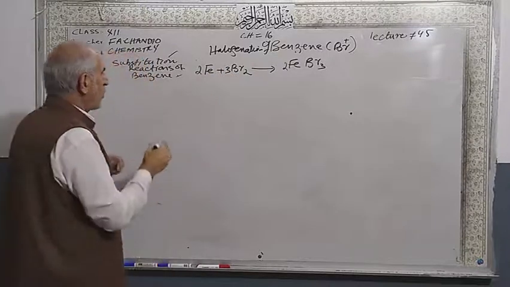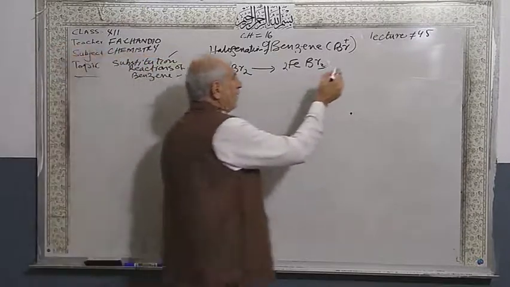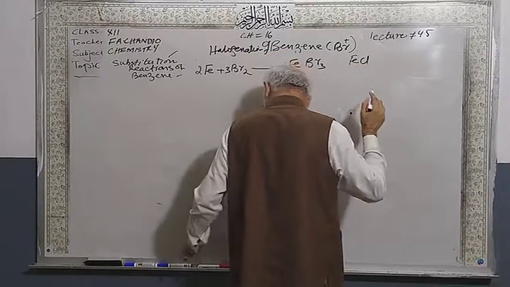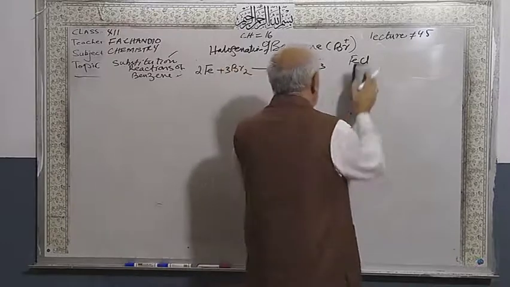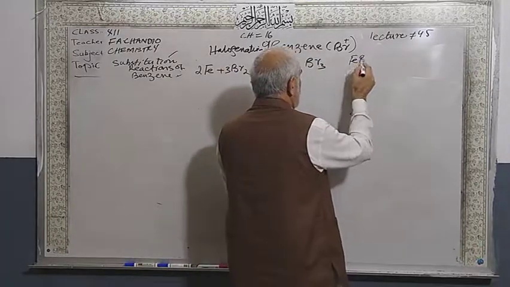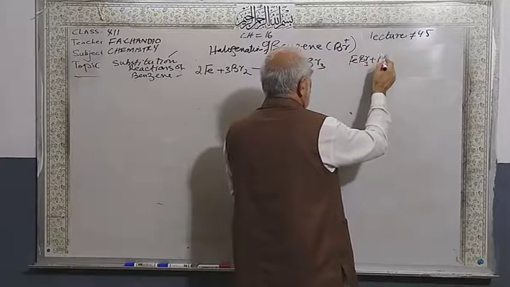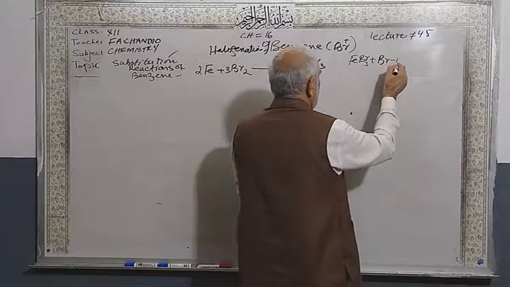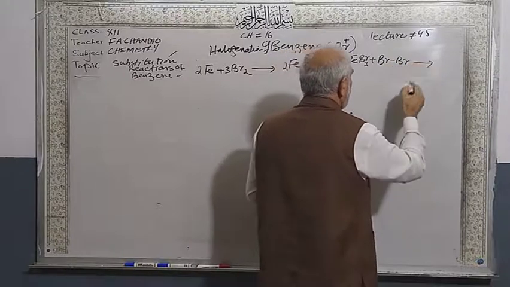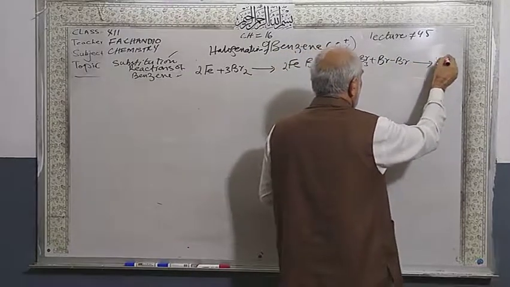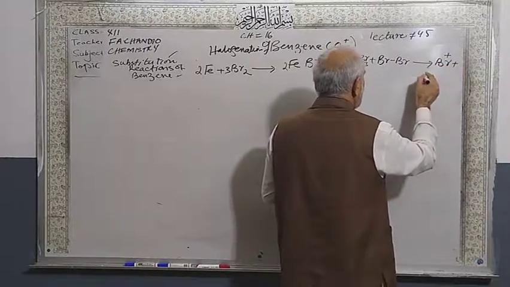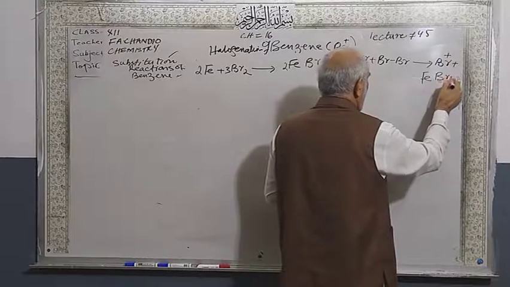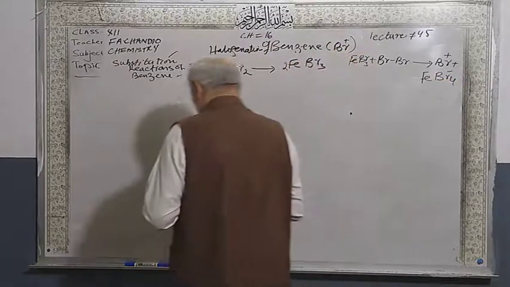Then this ferric bromide is going to react with bromine, so you will get liquefied bromine plus the complex, iron tetrabromide.